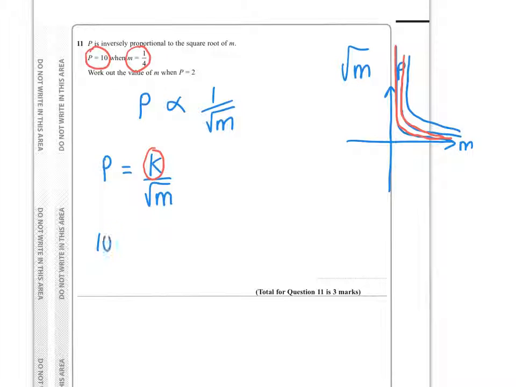P is 10 in the question, and m is 1/4. Now the square root of 1/4 without a calculator is not too easy. That means something times something is 1/4. Well, 1/2 times 1/2 would be 1/4. So the square root of 1/4 is actually 1/2.